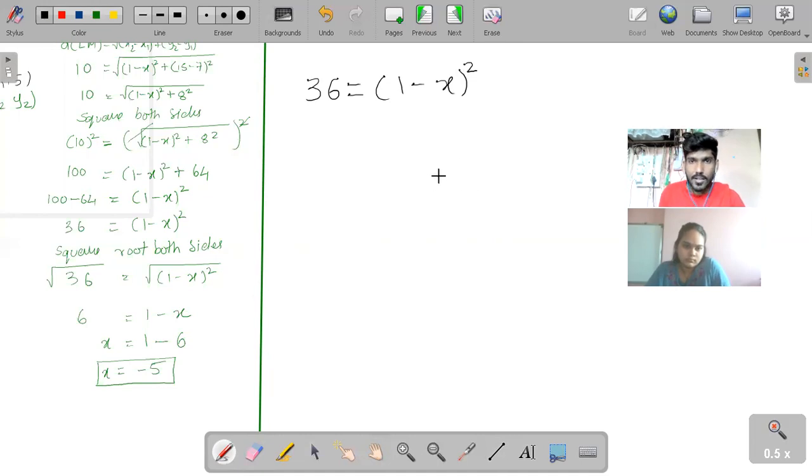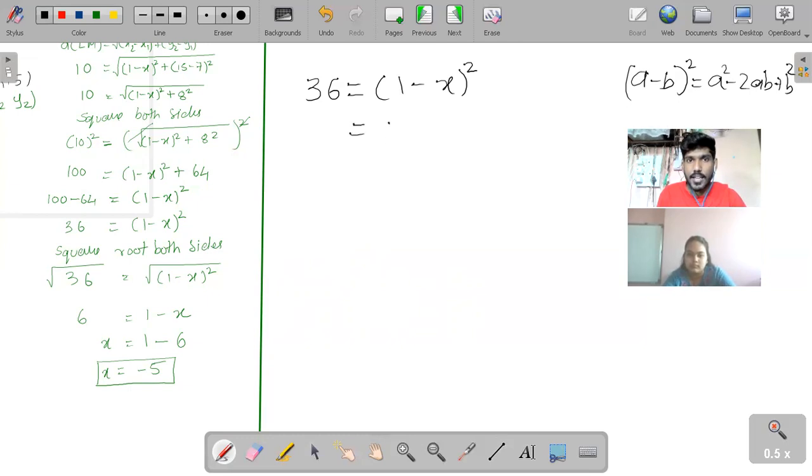Now over here, on the right hand side, you use the formula a minus b the whole bracket square and expand. What is the formula? A minus b whole bracket square is a square minus 2ab plus b square. So we'll use this formula and expand the right hand side.